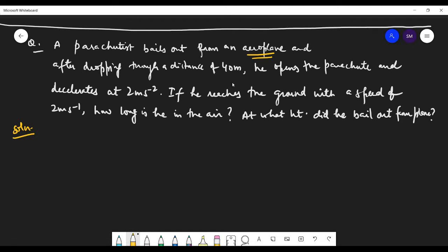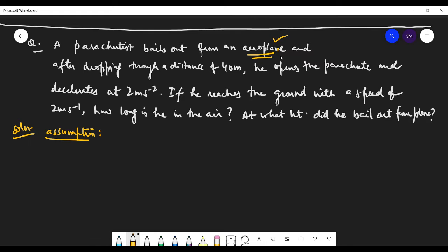Nothing is given to you here. So what is the assumption you will be taking? That the aeroplane is moving in a straight line horizontally. Is it written that the aeroplane is moving in a straight line? No, sir. Is the velocity of the aeroplane given to you?